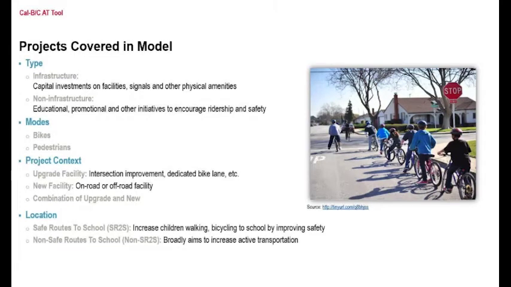Maybe you already have a bike lane, and this is just filling in those last couple of mile gaps in your bike lane program. So you can upgrade an existing facility, build a totally new facility, or do a combination: you already have a facility in place, so you enter information about that facility, and you're adding to it, so you have this new facility as well.